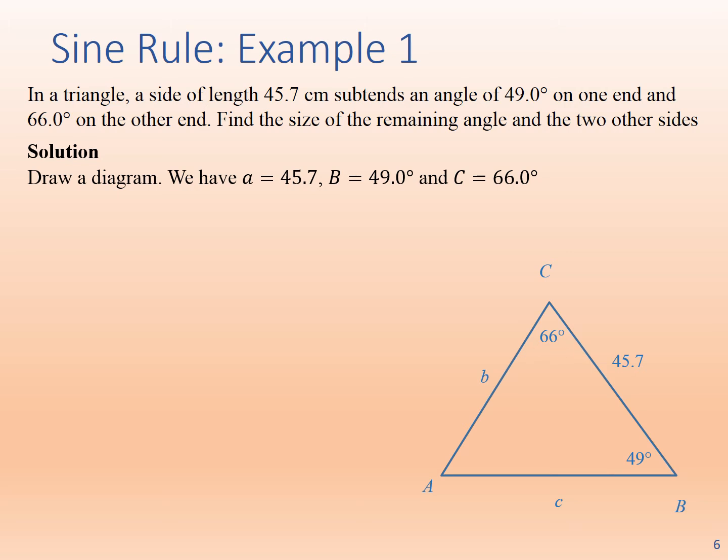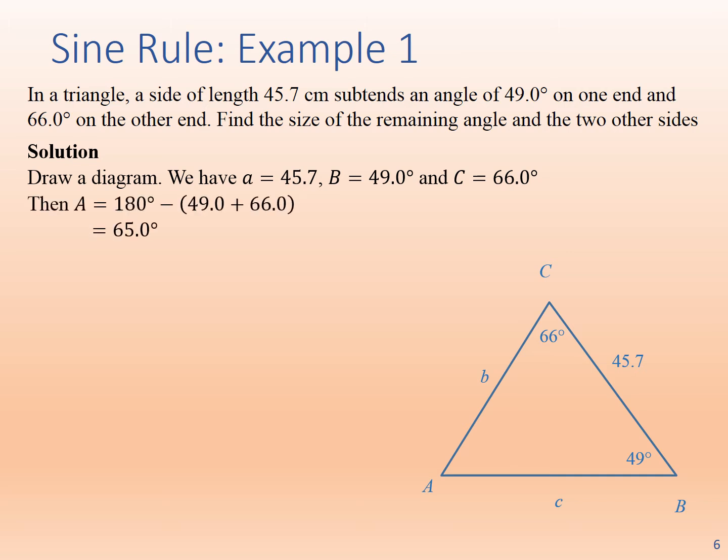We'll label the points on the vertices there, and then we'll also use that naming convention where the side length opposite the angle B is little b, and the side length opposite C is little c. So this side length that we know is side length A. We can easily find the unknown angle A by the fact that the three angles have to add up to 180 degrees.